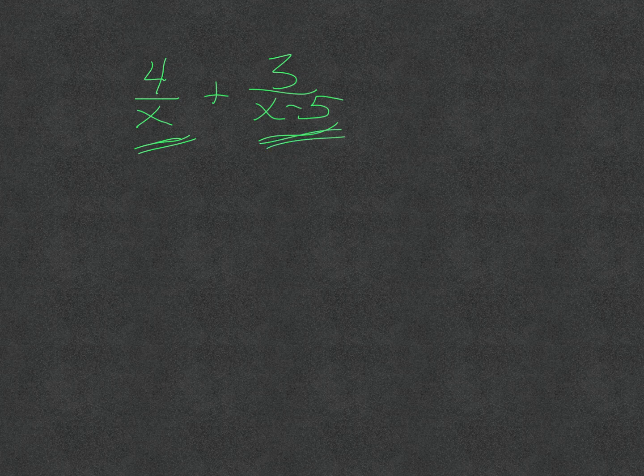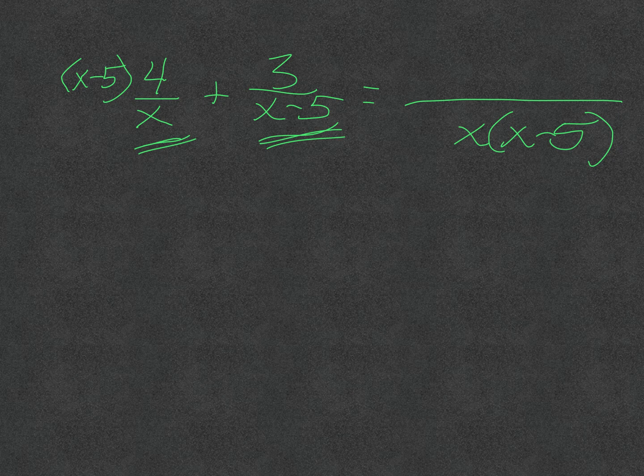And so when you have a denominator that doesn't factor, your common denominator is just x times x minus 5. So all I have to do is find the new numerators. So this fraction, I multiply by x minus 5 over x minus 5. That gives me the denominator. And this one I just multiply by x over x.